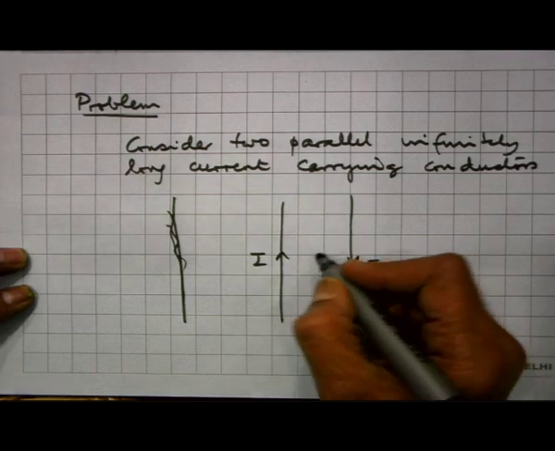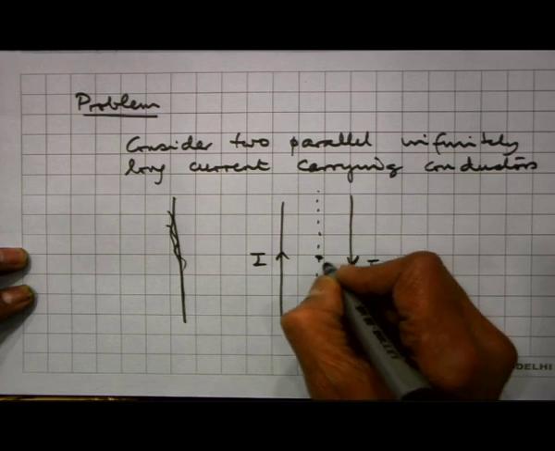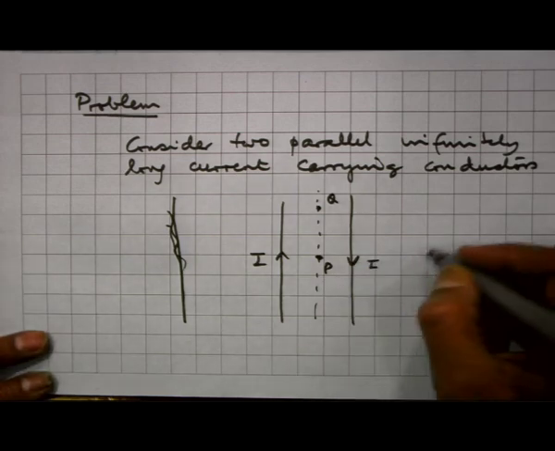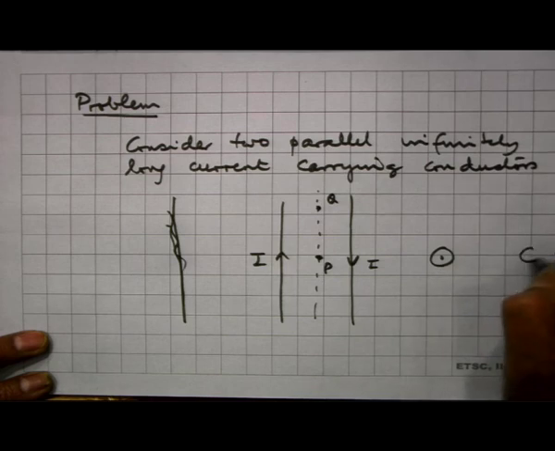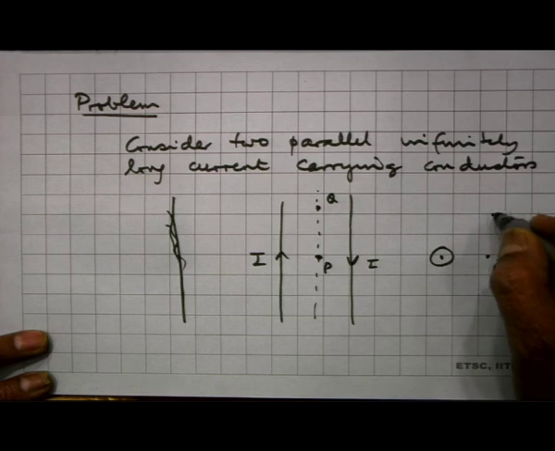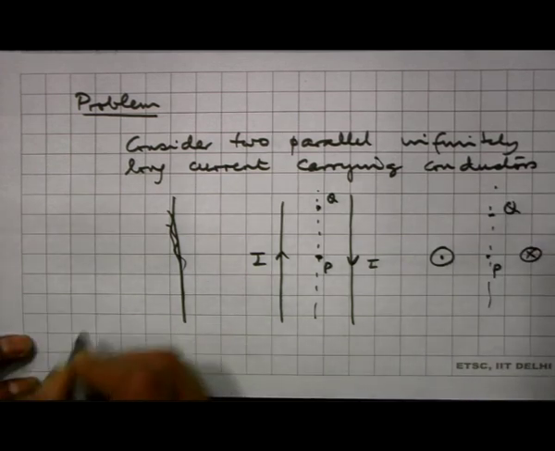Let me draw like this. If I look from the top, I have this current carrying conductor here, and another current carrying conductor here. I want you to calculate the magnetic field at this point P and another point Q on the equatorial plane.